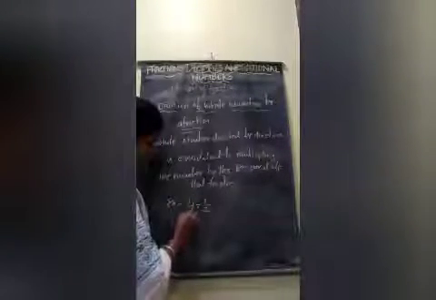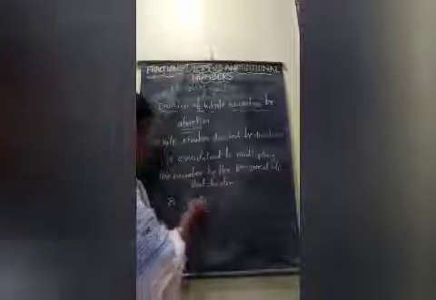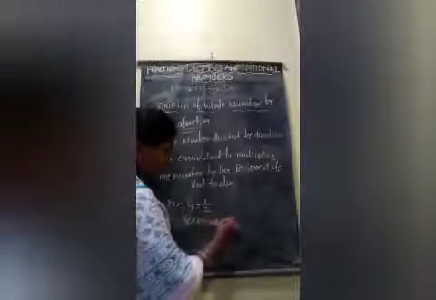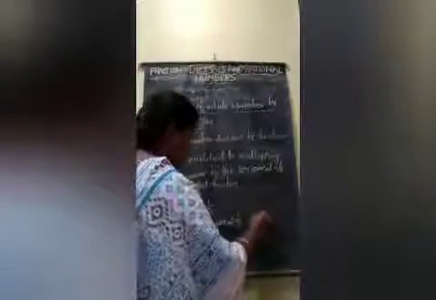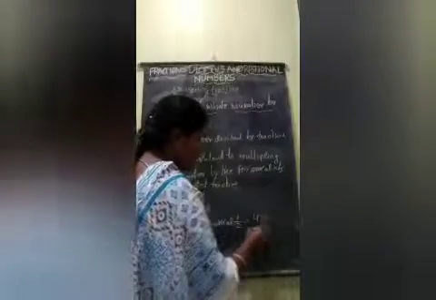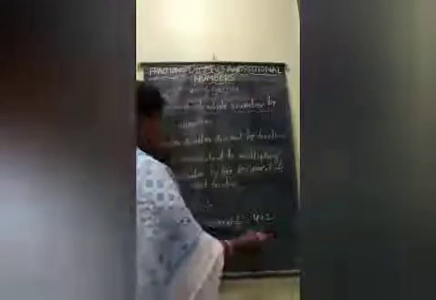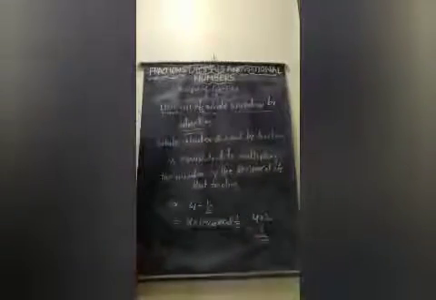That whole number is multiplied with the reciprocal of that fraction. That is equal to 4 multiplied by the reciprocal of 1 by 2. That is equal to 4 times 2, which is 8. The answer is 8.